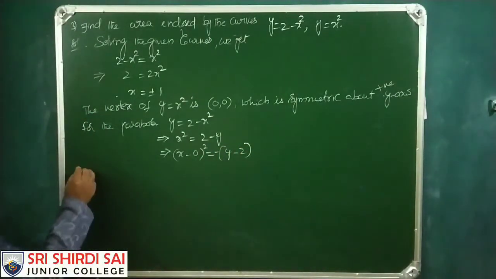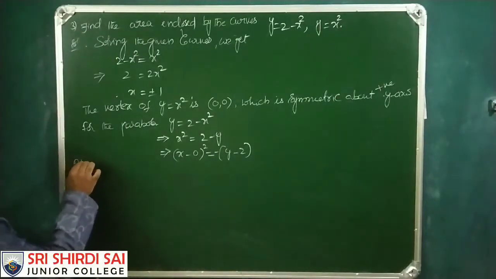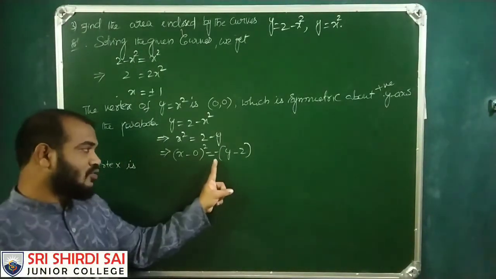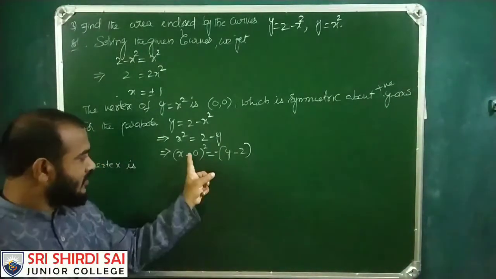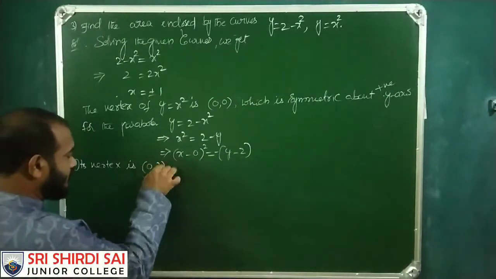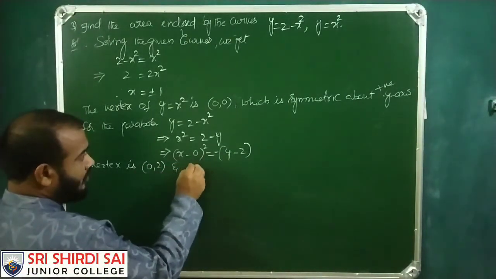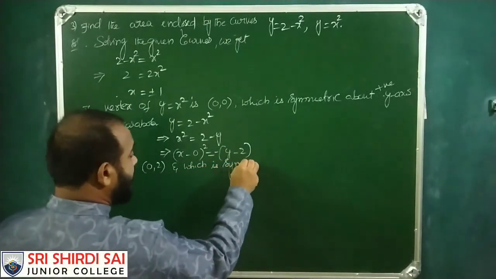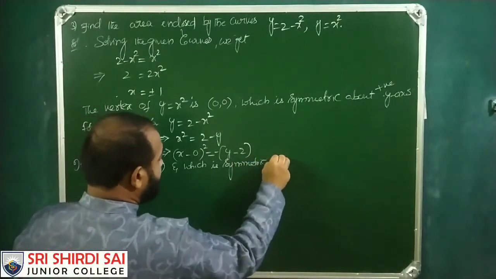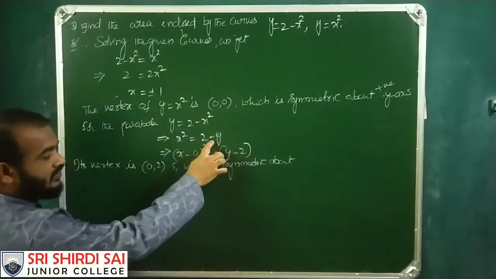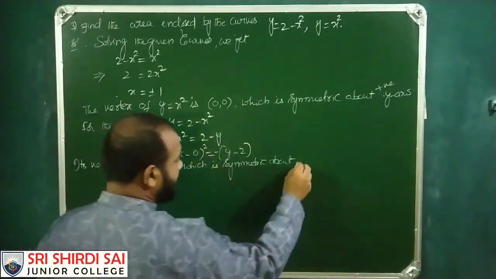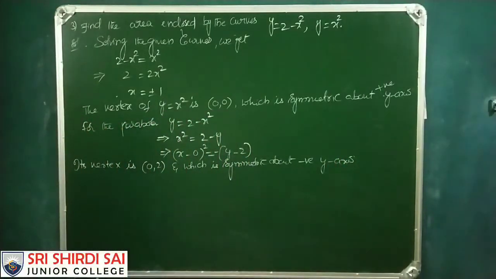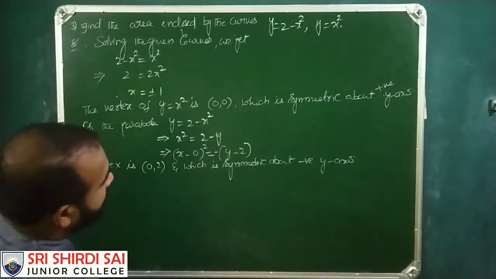Comparing with x minus h whole square equals minus 4a into y minus k, its vertex is 0, 2, which is symmetric about the negative y axis. Let us try to plot the diagrams.